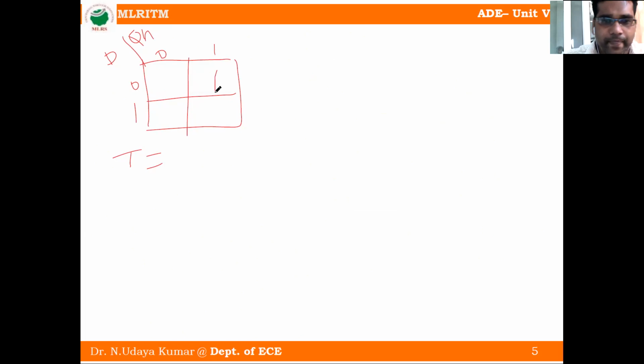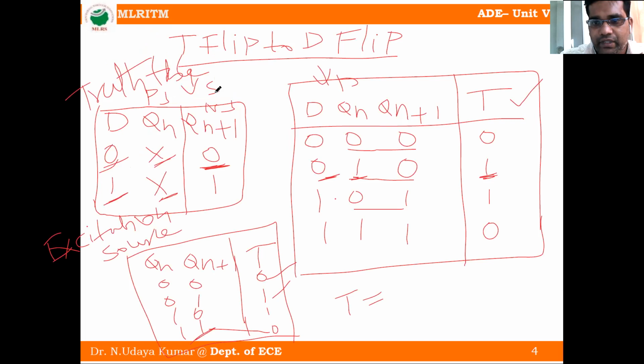Then how will we get this one? If D is equal to 1 and Qn is equal to 0. That means this one. Now diagonal mapping is not possible, so we will map independently.